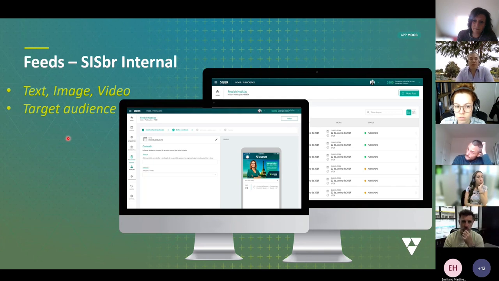So they have 20 delegates and they need to send a news to specific delegates. So they can select this target audience and send it to this specific group. And this target audience ensures that our message is being delivered to people who need to hear it. So this is our backend, it's an internal front end.